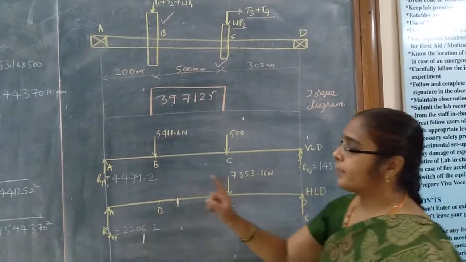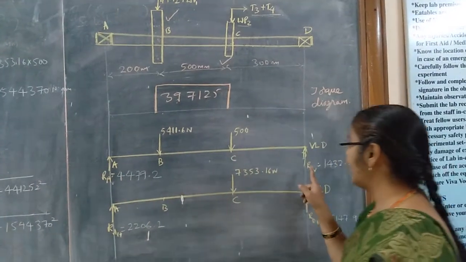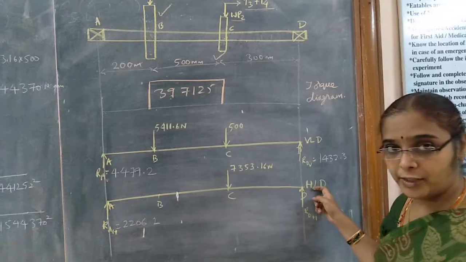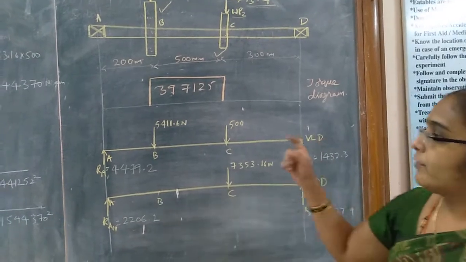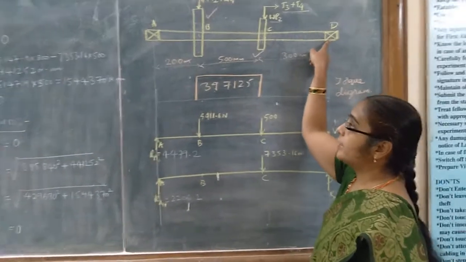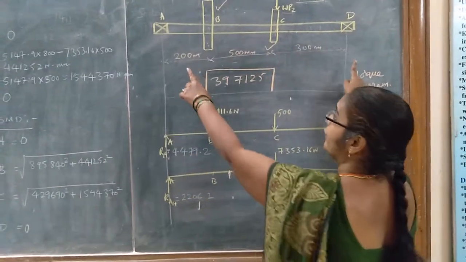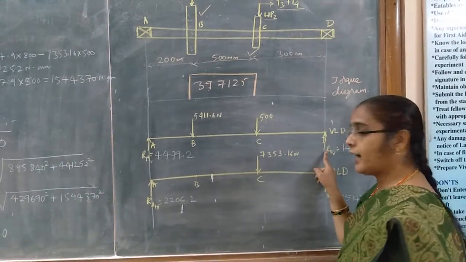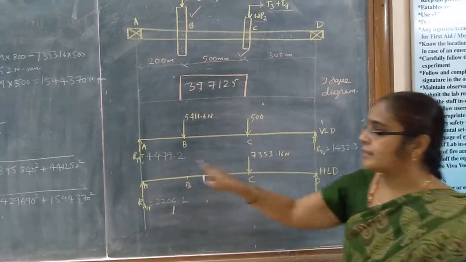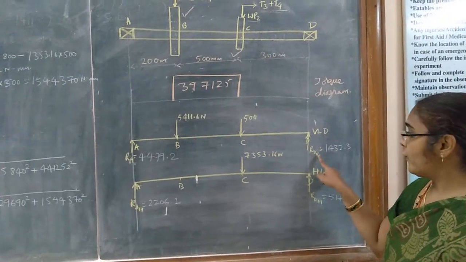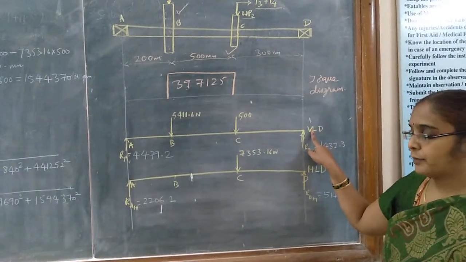Now let us find the reaction forces at A and D. I am going to draw the vertical load diagram and the horizontal load diagram. The shaft is supported with bearings at A and D, so at A and D there will be reaction forces. Let us find these reaction forces RAV and RDV. RA is the reaction at A, RD is the reaction at D, and V represents the vertical load diagram.